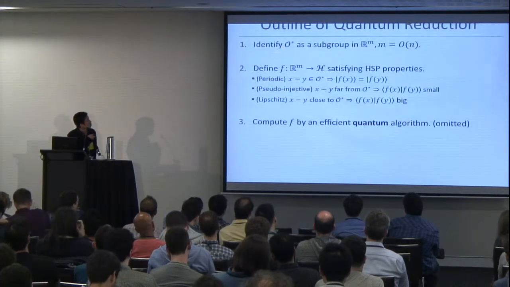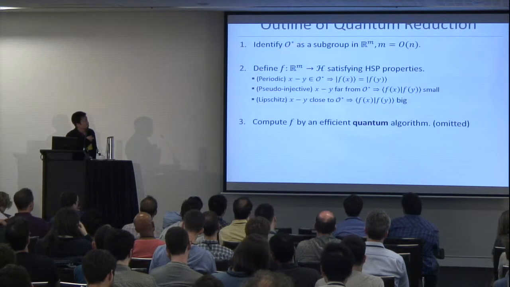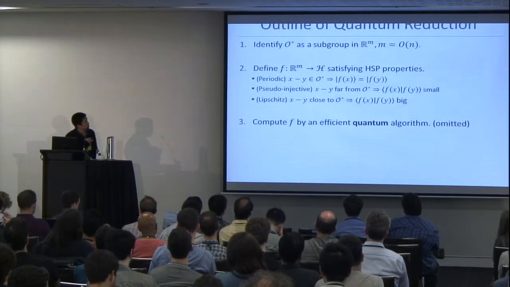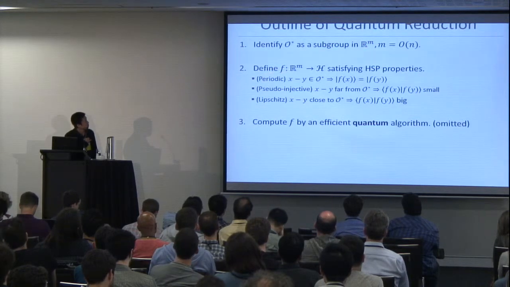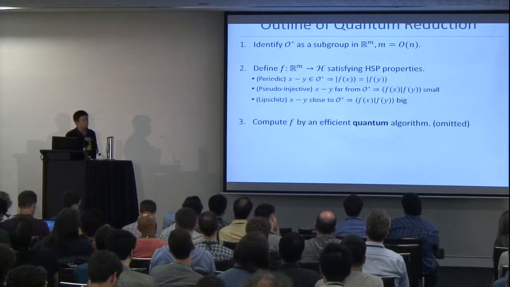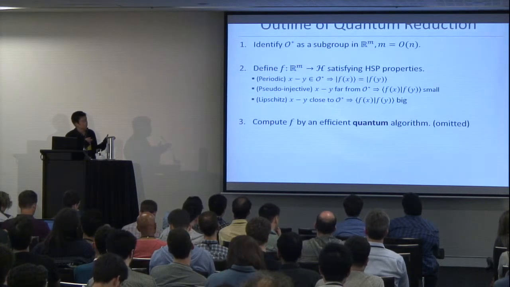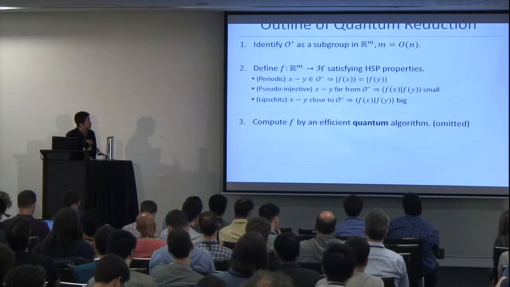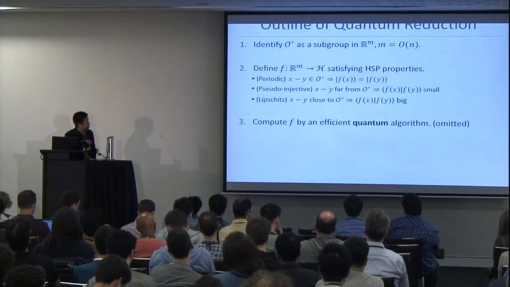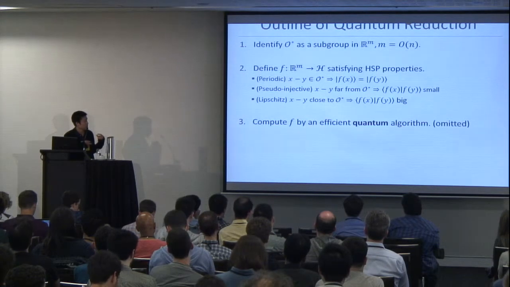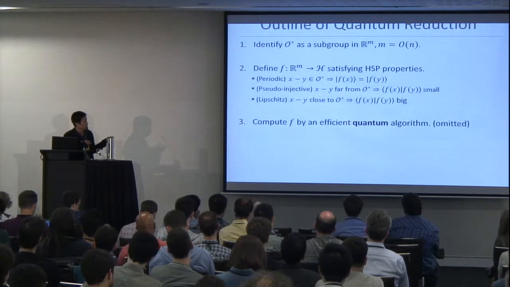First, we identify the unit group O star as a subgroup in a high-dimensional real space. The main part will be to define a function that hides the unit group and satisfies our HSP conditions. And in the end, we need to compute this function f efficiently by a quantum algorithm. I'll skip this step in this talk.